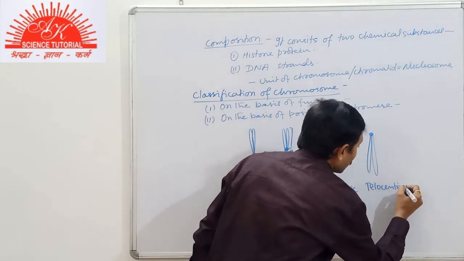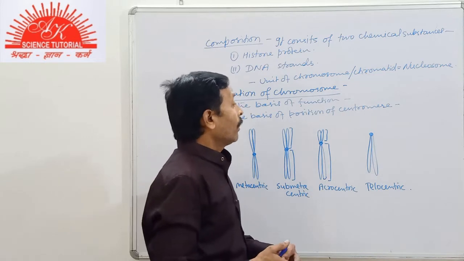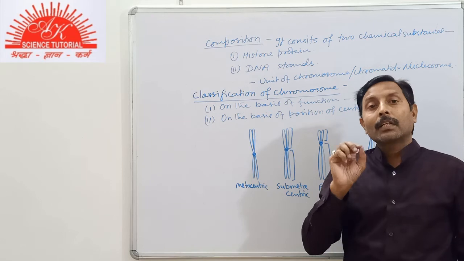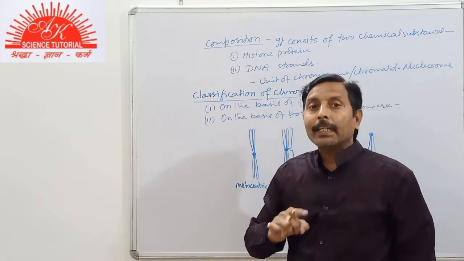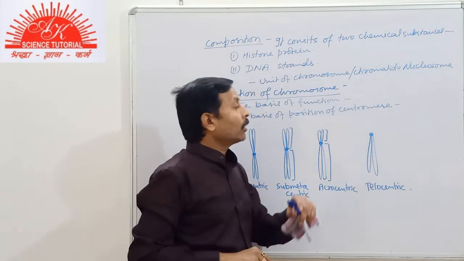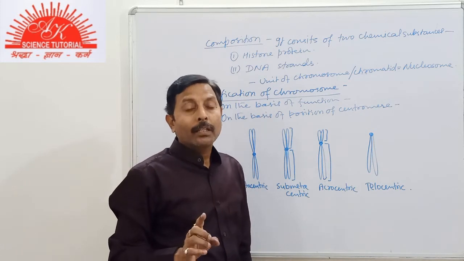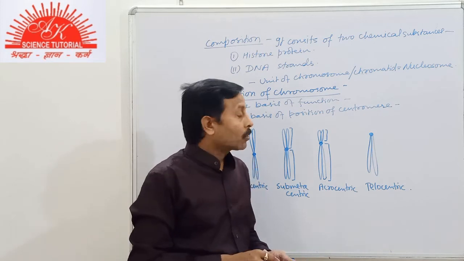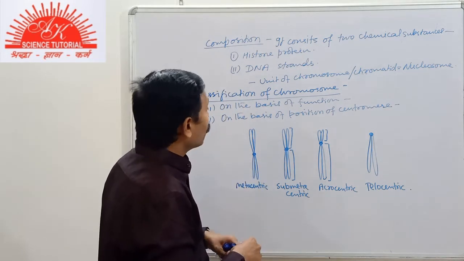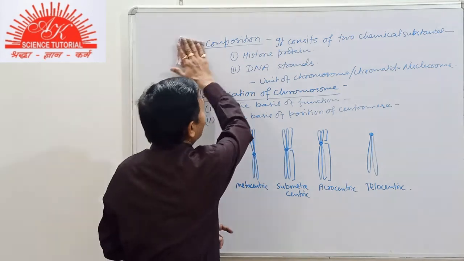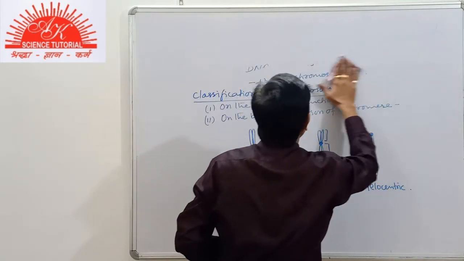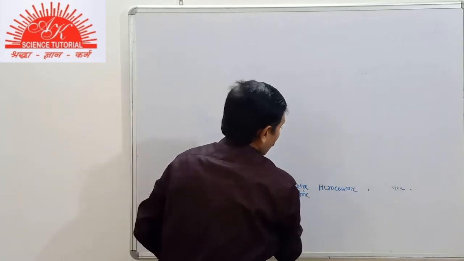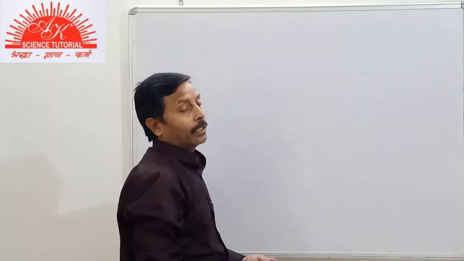Telo means end. Now, in prokaryotic cell, since the chromosome is single-stranded, there is no centromere, so it is called acentric, that is without centromere. So we have classified chromosomes on two bases, on the basis of function and on the basis of position of centromere.